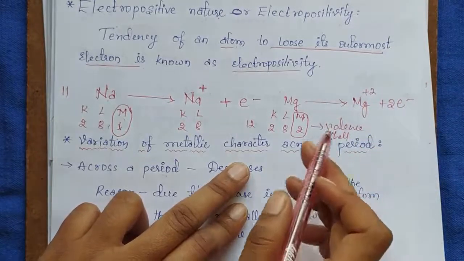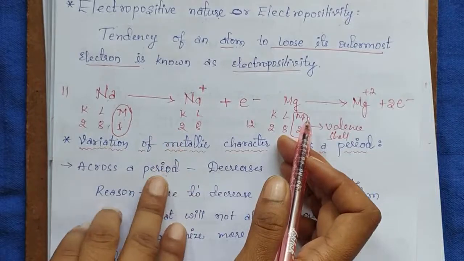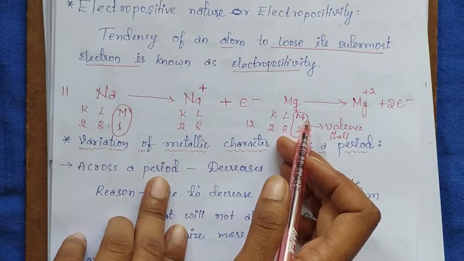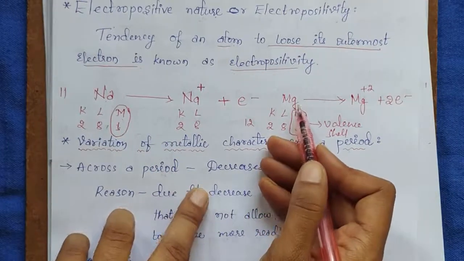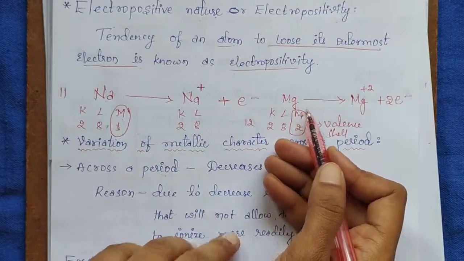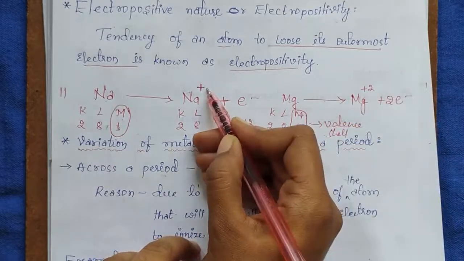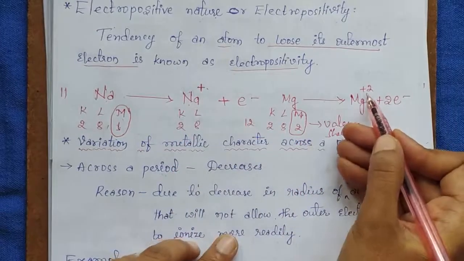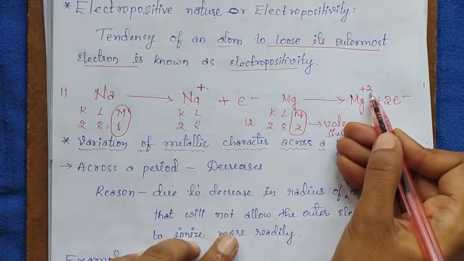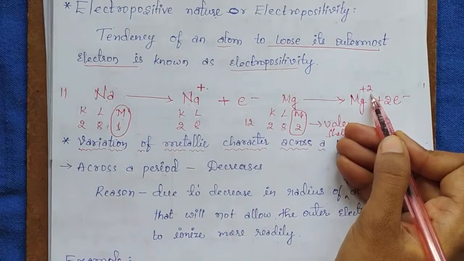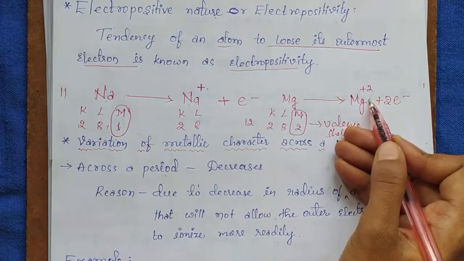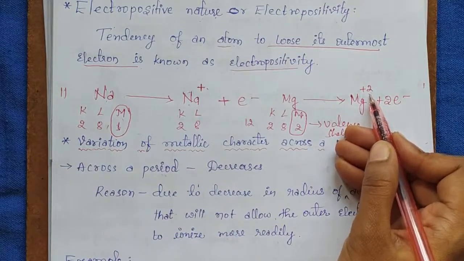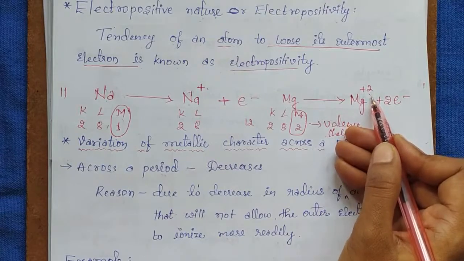Children, remember, whenever a neutral atom loses a single electron, it will have one positive charge, as you can see in the case of sodium. If it loses two electrons, it will have two positive charges. If it loses 3 electrons, 3 positive charges. If it loses 4 electrons, 4 positive charges.